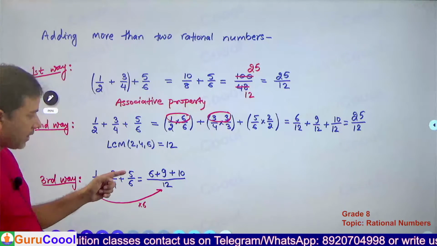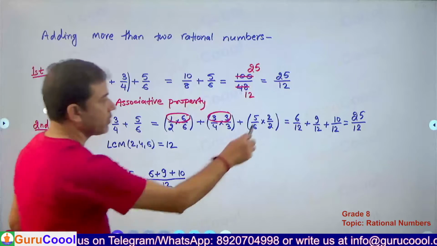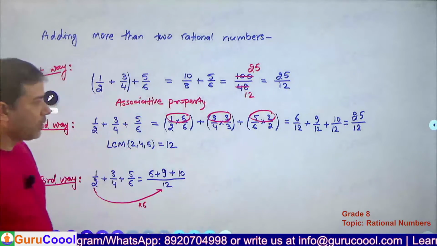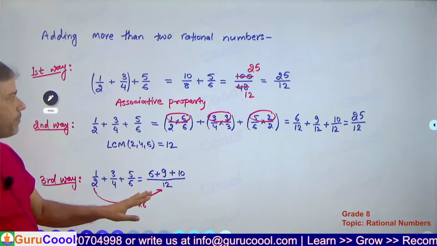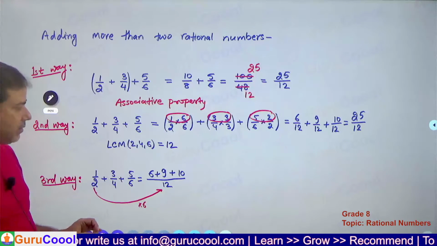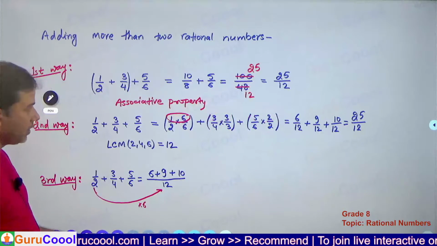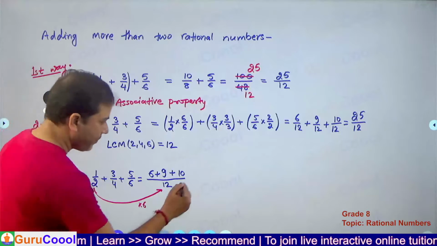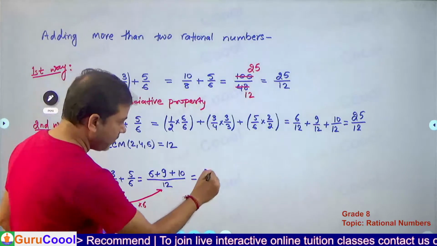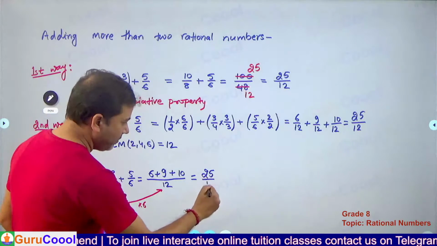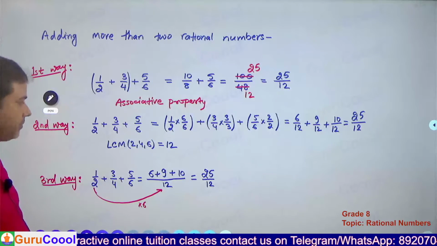The third numerator we multiplied with was 2. 5 twos. Here also. So actually this method and this method are same. The only difference is that we are presenting it in a different way. Now further, next step is 6 plus 9 plus 10, it's 25 in numerator, and denominator is 12. Same answer again.